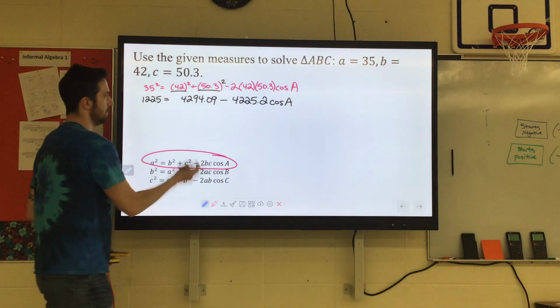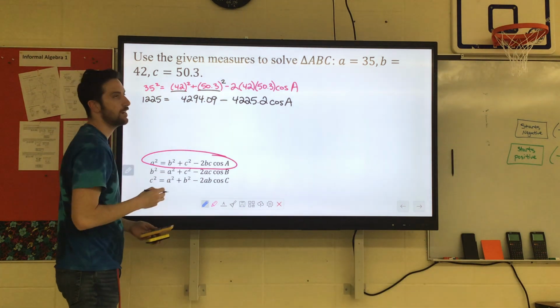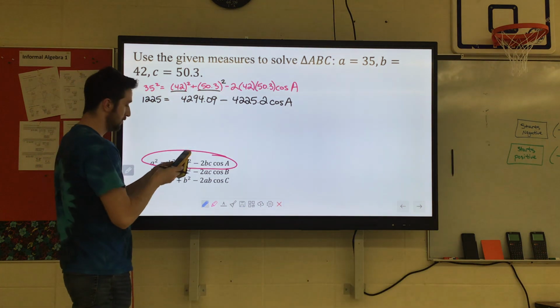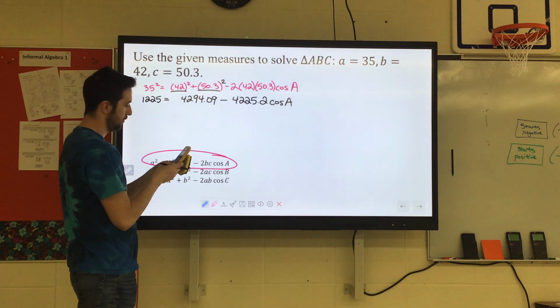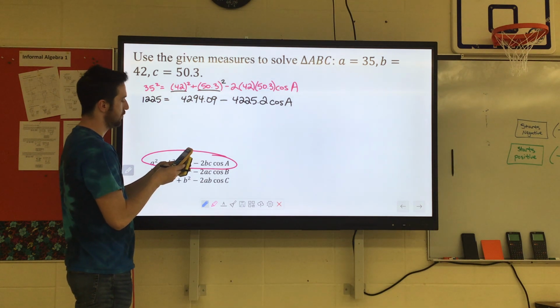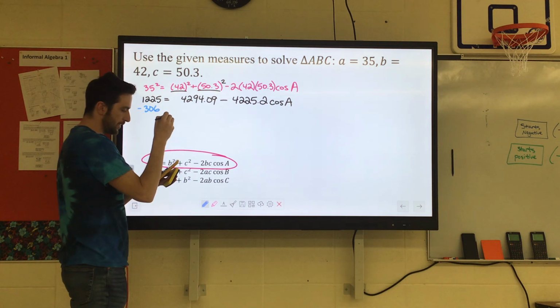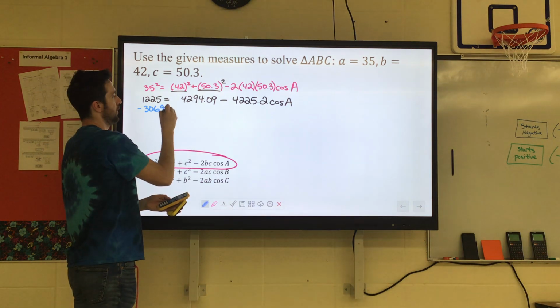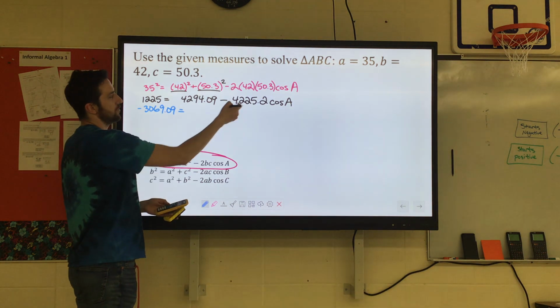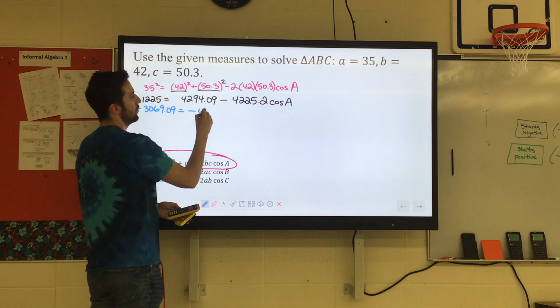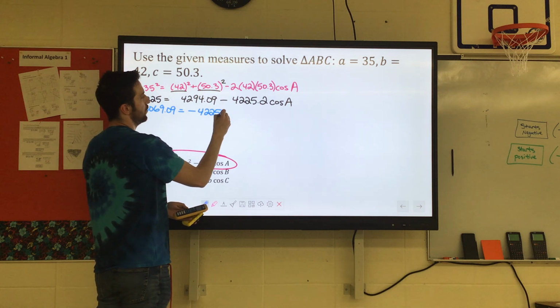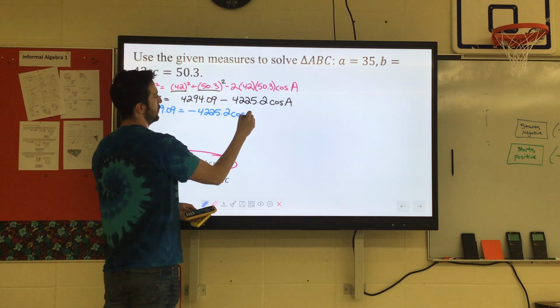But we can get rid of this straggler 4294.09 by subtracting it. So if we did 1225 minus 4294.09, we get negative 3069.09 equals negative 4,225.2 times the cosine of A. Right?